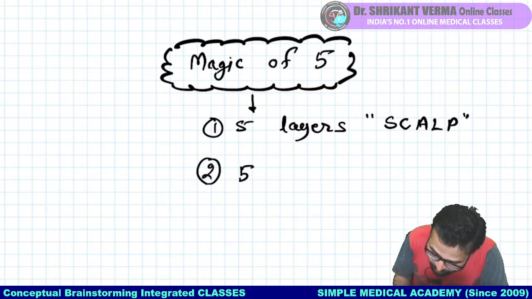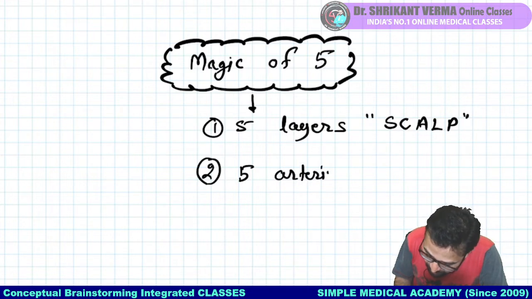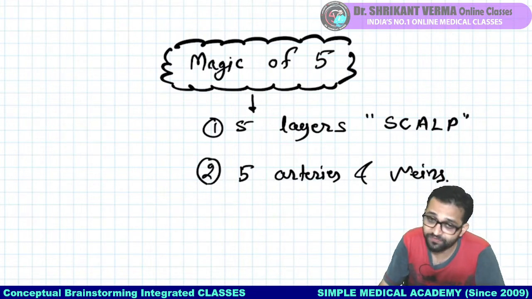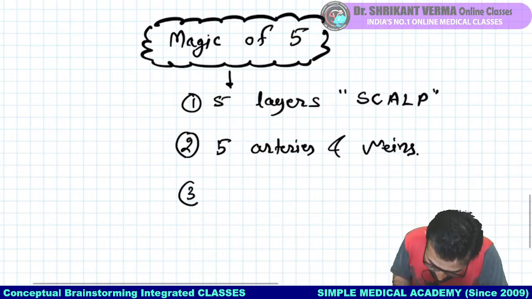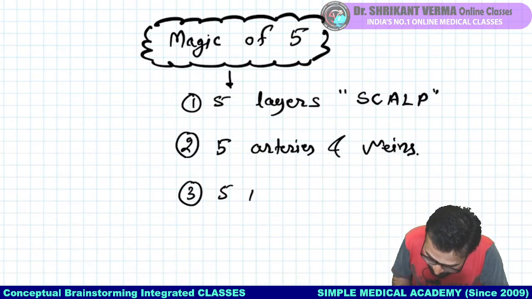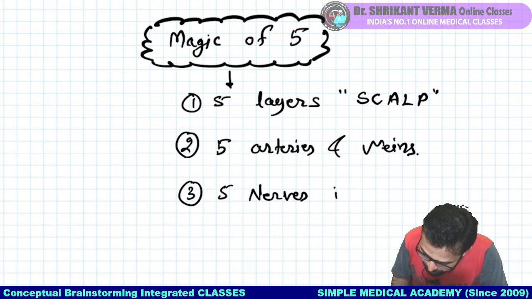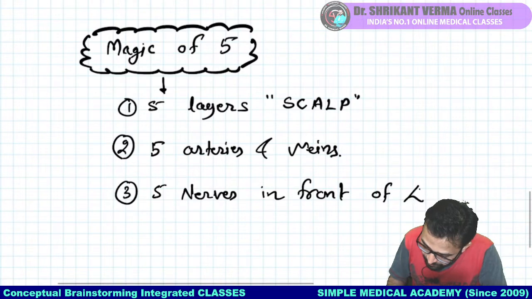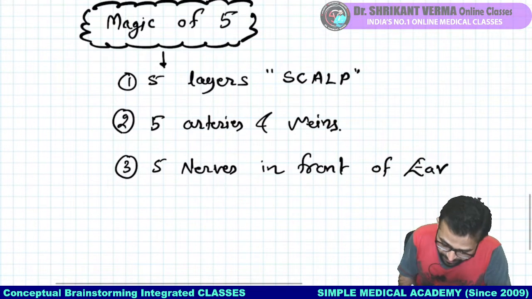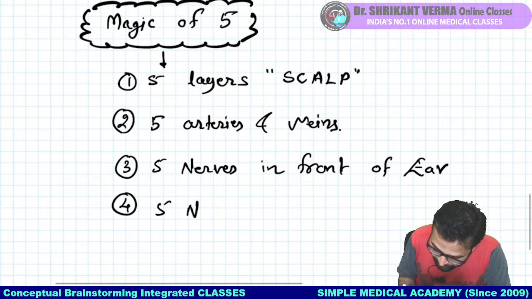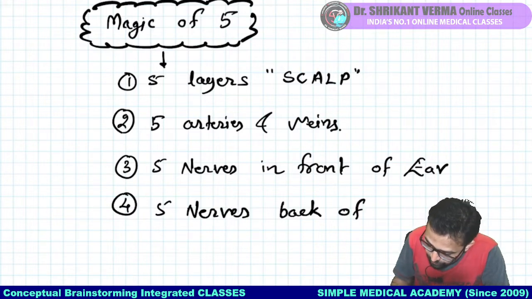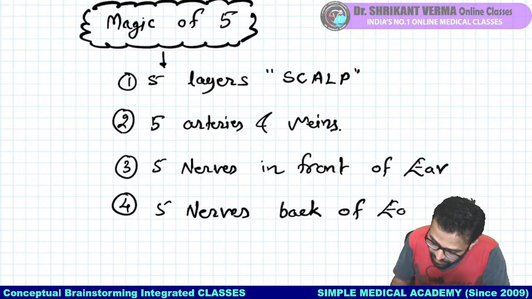Another, we will learn about the 5 arteries and veins. So a total of 5 arteries are supplying the scalp and 5 veins are draining. Then third, we will learn about the 5 nerves in front of the ear and 5 nerves at the back of the auricle, ear or pinna.